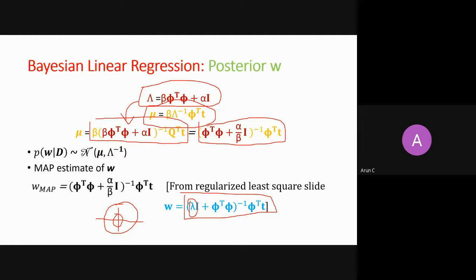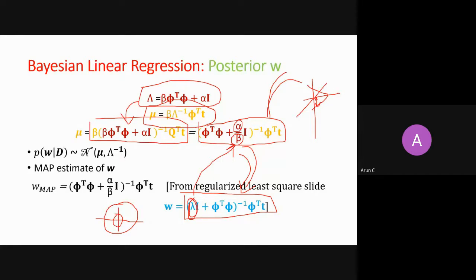Now, if I apply my Bayesian learning here, I found this form is very similar to that form, and my lambda in that regularization is nothing but a ratio involving the precision parameter of my prior distribution, alpha. And this beta is the noise on the line, again a precision parameter.